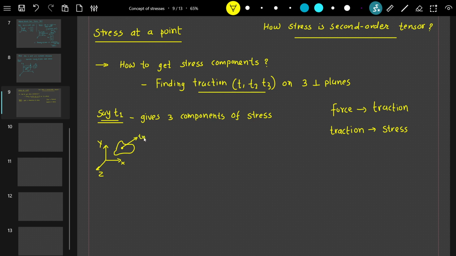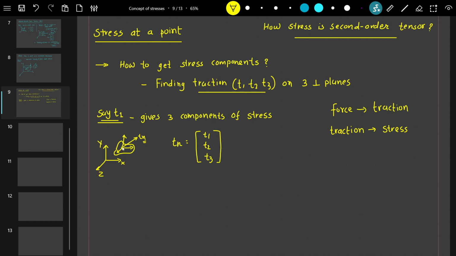We know traction is always associated with a reference plane, which is described by normal n. As it is a vector, it has three components, T1, T2, T3. So we can write in tensorial form something like this: T1, T2, and T3. Now this traction is given.